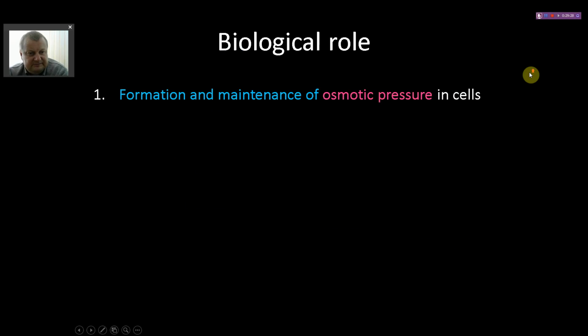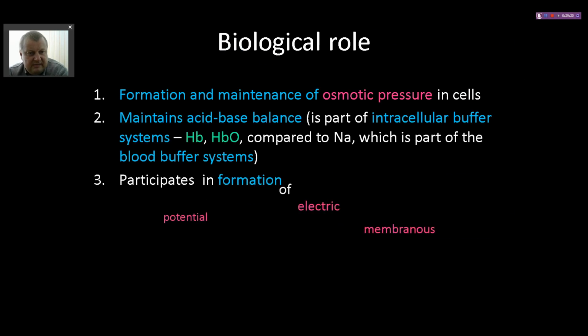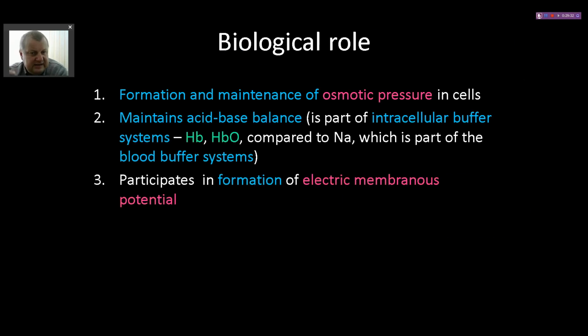The second one: it maintains acid-base balance as part of the intracellular buffer system. For example, hemoglobin, oxygenated hemoglobin, compared to sodium, which is part of the blood buffer systems.